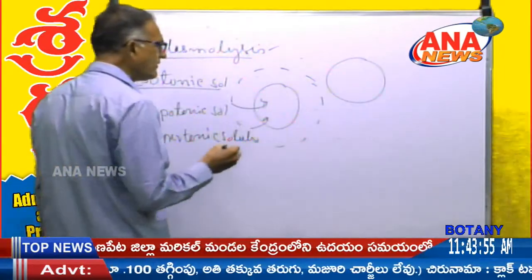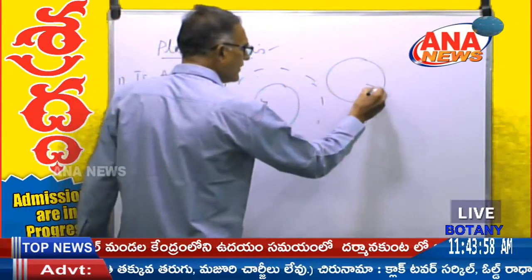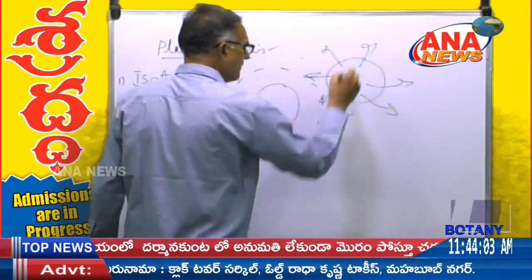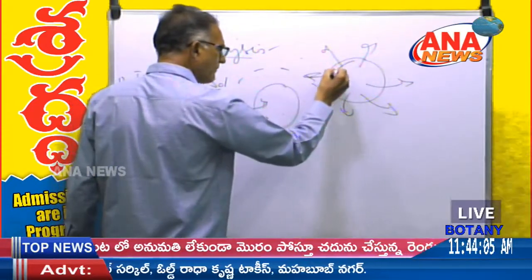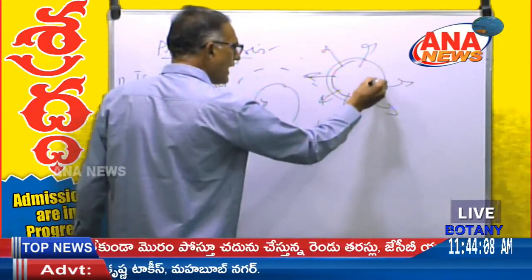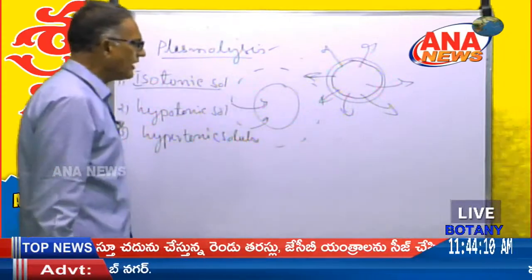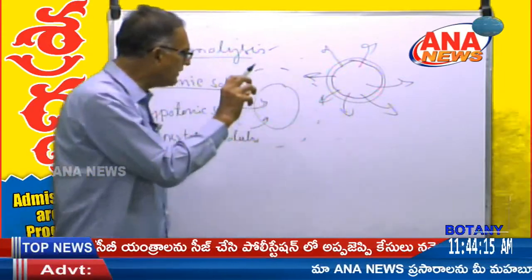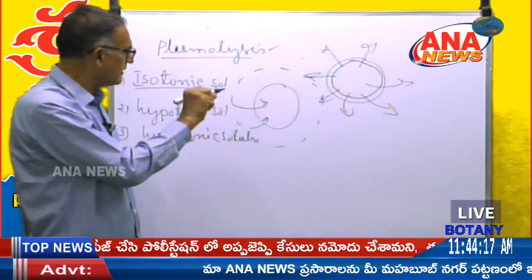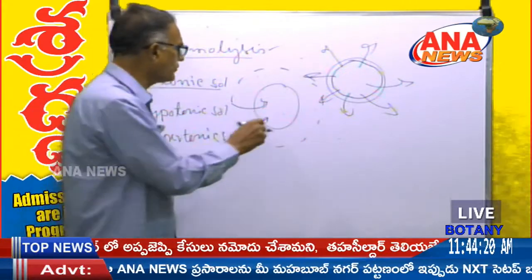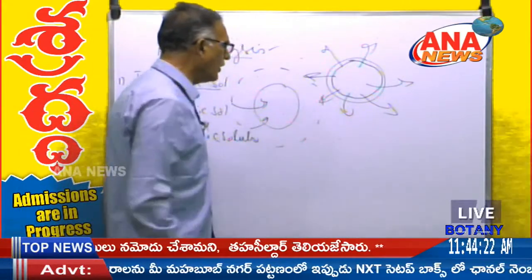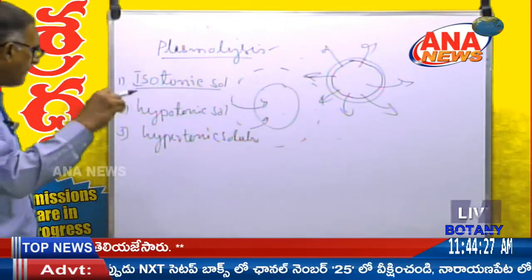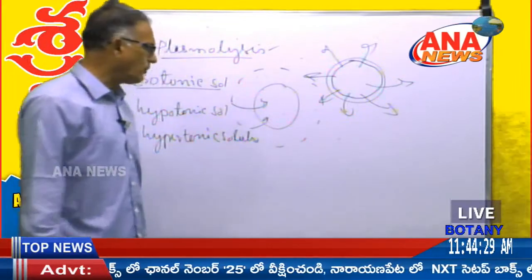During the plasmolysis, the water moves out of the cell, and the plasma membrane leaves the cell wall and shrinks. Then the plasma membrane shrinks, comes close, or folds. So the phenomenon, the loss of water from the cell in hypertonic solution, that is called plasmolysis.